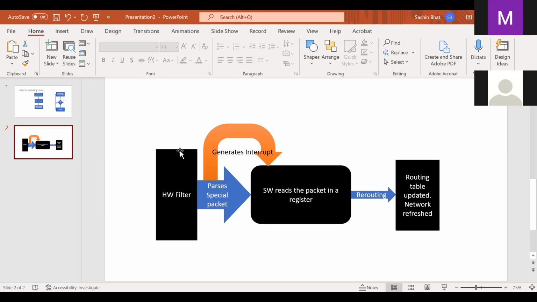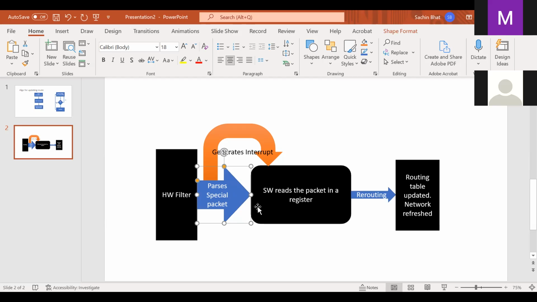This data is passed by the hardware filter, where it's communicated through a special packet. Whenever this special packet is received, the hardware detects it, passes it, and identifies the node IP address of the node which is corrupted. Along with that identification, it also generates an interrupt and tells the software to process this.